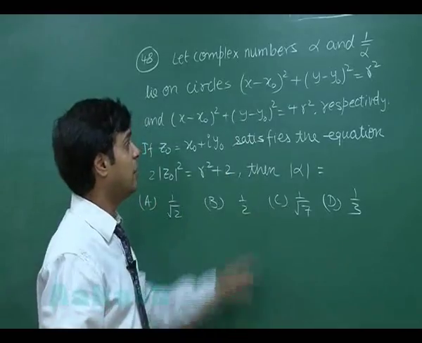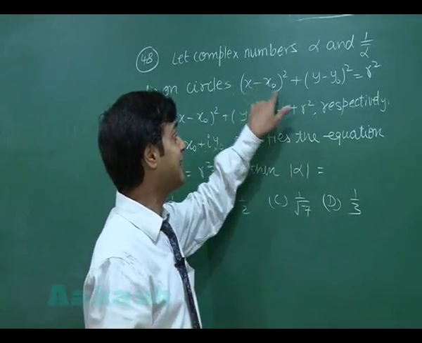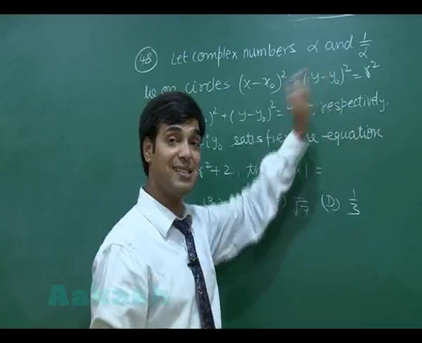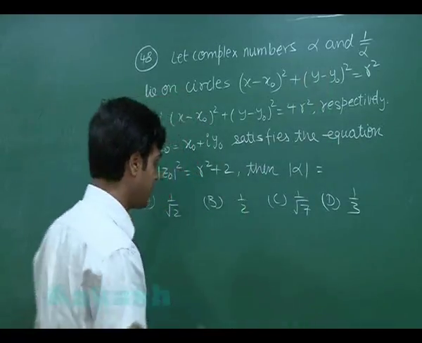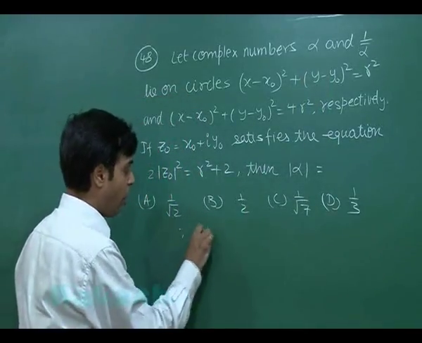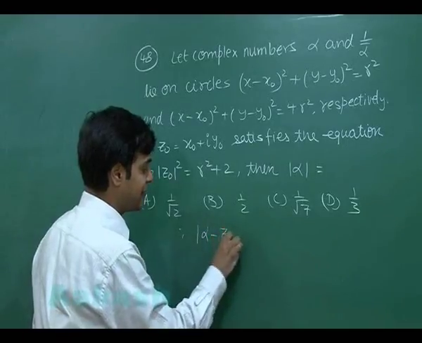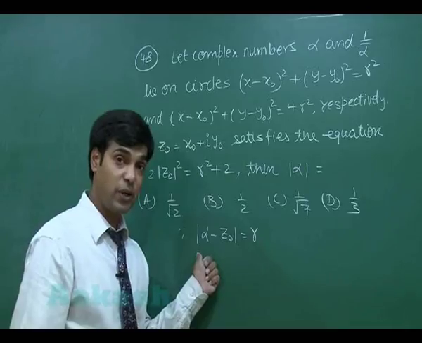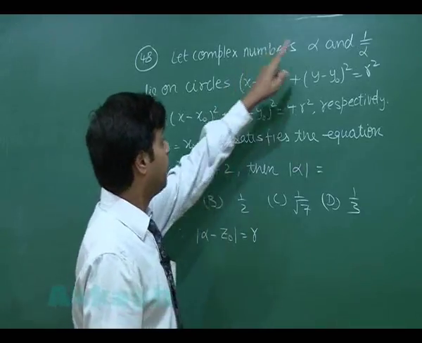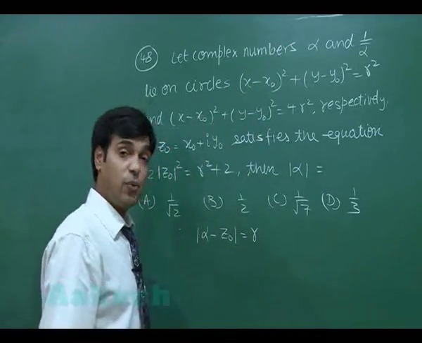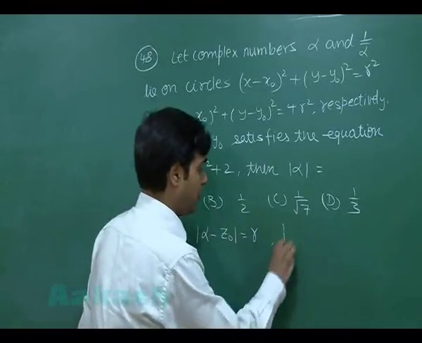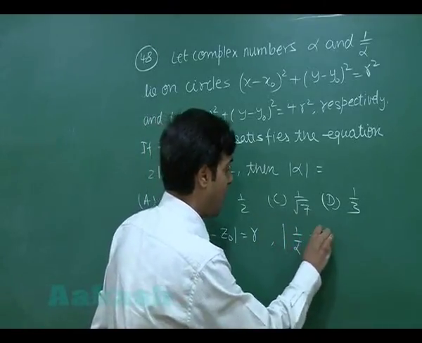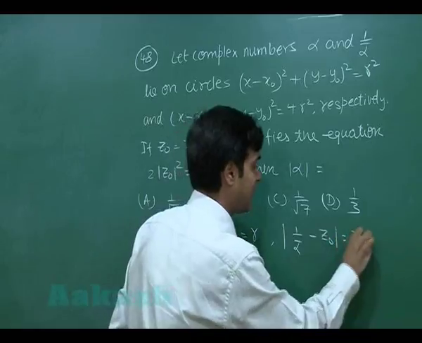What is the first circle? The first circle can be read as the modulus of z minus z naught is equal to r, that is mod alpha minus z naught is equal to r, because alpha is satisfying the first equation. Second, 1 upon alpha bar is satisfying the second equation, meaning mod 1 upon alpha bar minus z naught is equal to 2r.